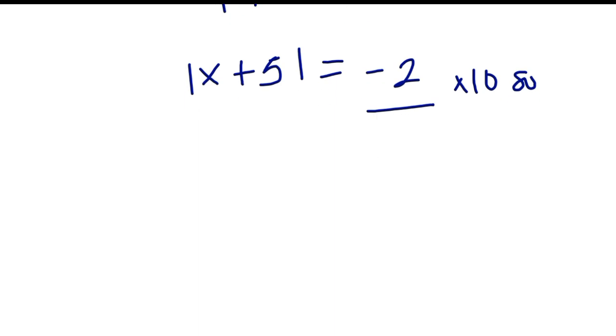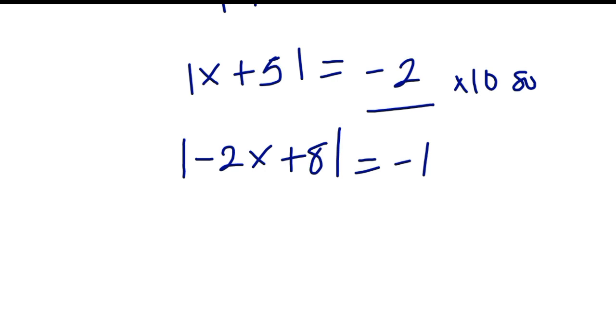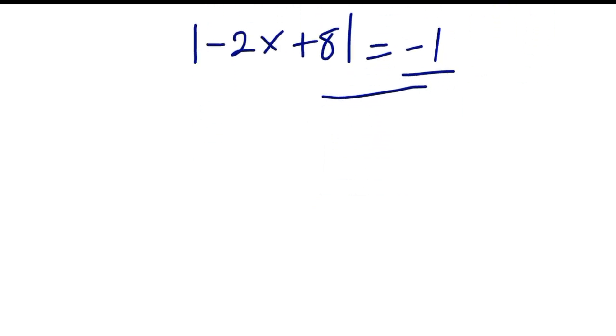And again, you have this example, the absolute value of negative 2x plus 8 is equal to minus 1. This also has no solution because of the negative value of 1. Then another point you have to know is that when you have an expression like negative absolute value of x is equal to, even if it's a positive number here, 1, it has no solution.